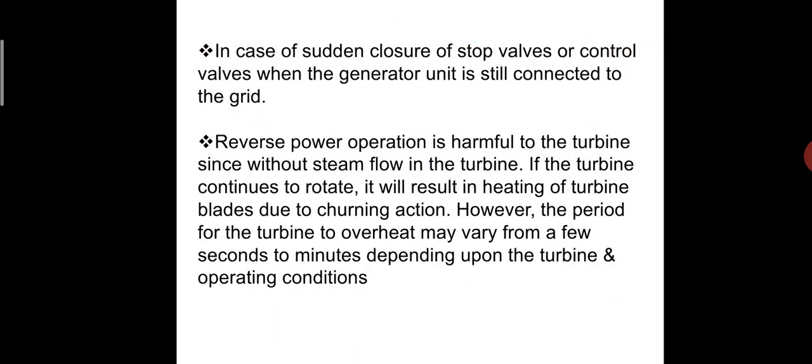In case of sudden closure of stop valves or control valves, when the generator unit is still connected to the grid, reverse power operation is harmful to the turbine, since there is no steam flow in the turbine.